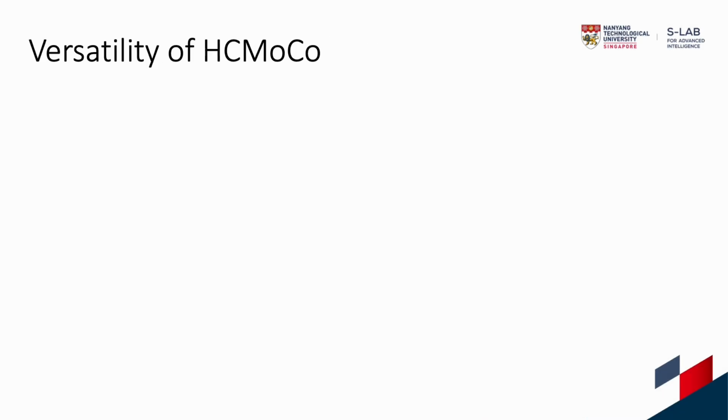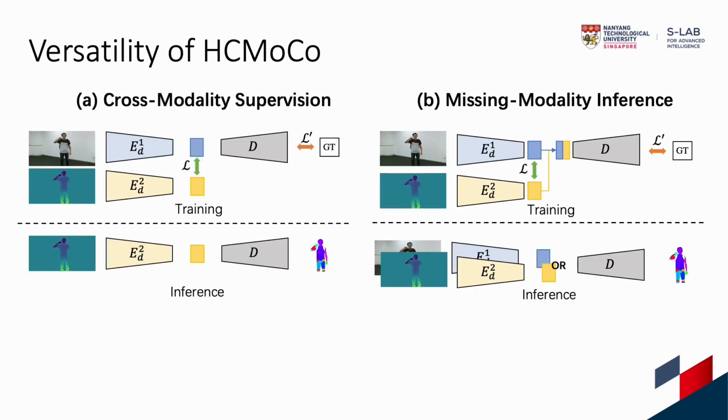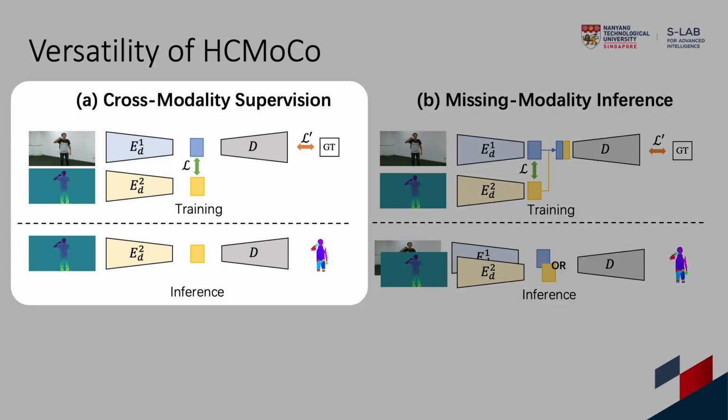Aside from boosting the performance on downstream tasks, our multimodality portrayal also shows its versatility in cross-modality association and reasoning. Here we show 2 applications. For the cross-modality supervision, we want to train a segmentation model for depth input but only with RGB annotations, which is not feasible generally, but with the help of HC-MoCo, we can train a segmentation head for the RGB branch and can be directly attached to the depth branch during inference.